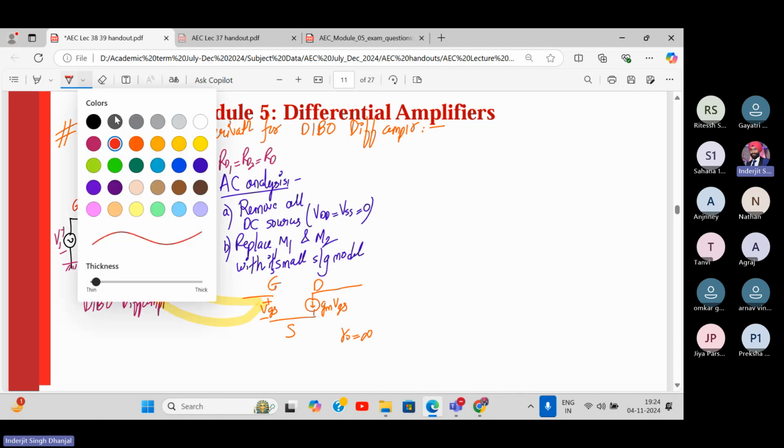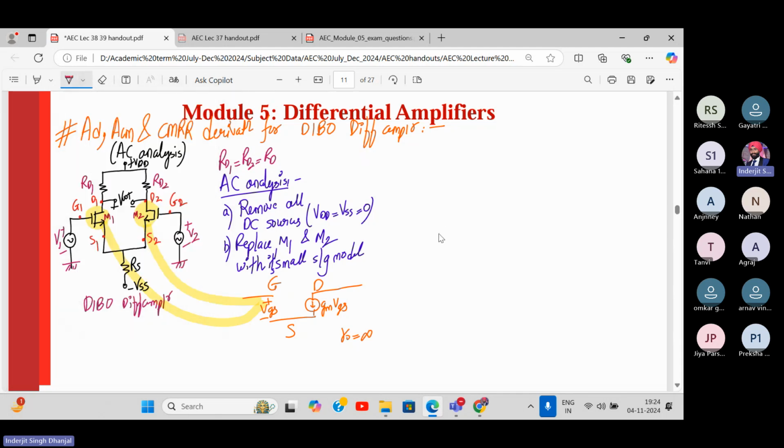Now we are drawing the small signal model for M1. So this will be gate 1, drain 1, and source 1. What is connected between gate and source? Open circuit. Just VGS1. Correct? What is connected between drain and source?